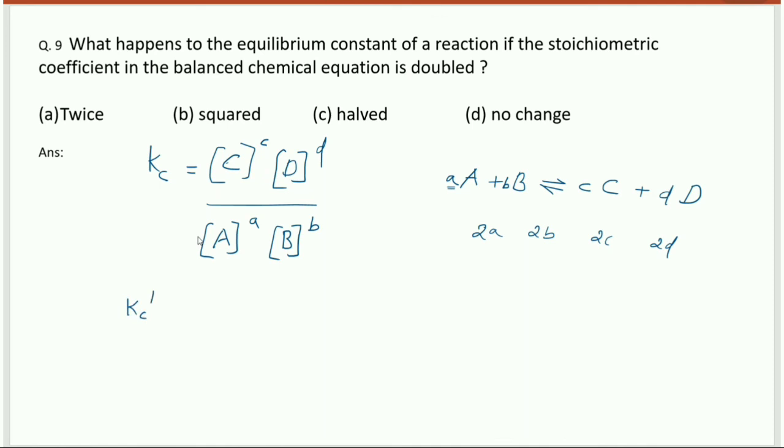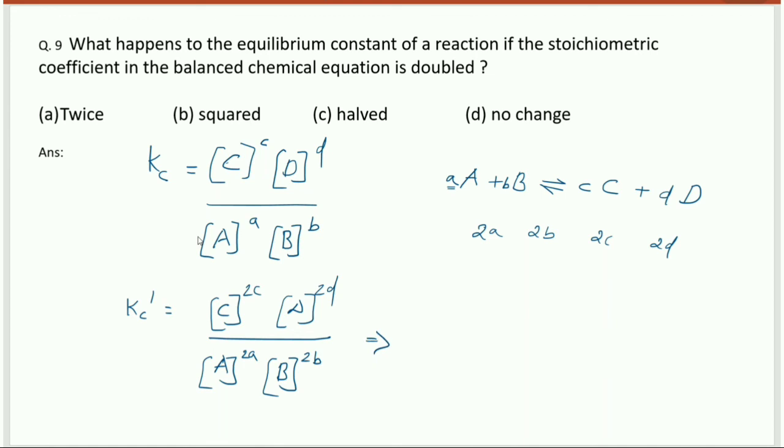So what happened? Kc dash is the new equilibrium constant. Kc dash is C raised to 2c, D raised to 2d, then A raised to 2a and B raised to 2b. Now what happened? The 2 will be common.